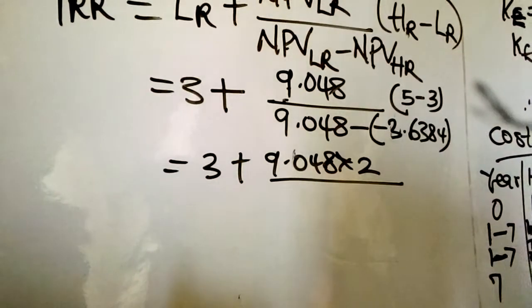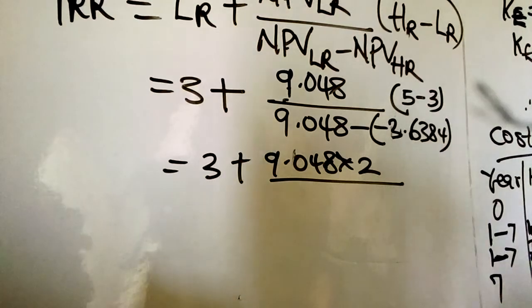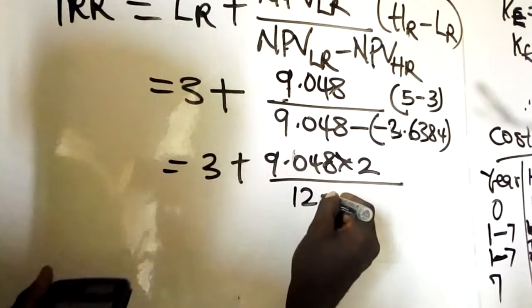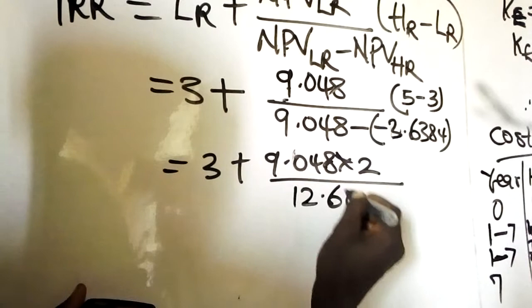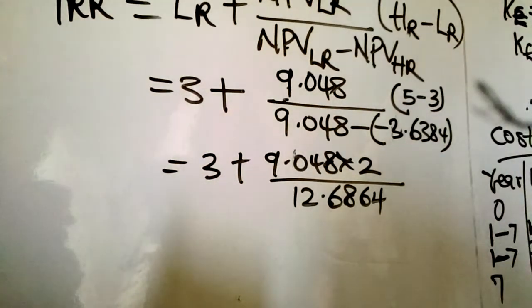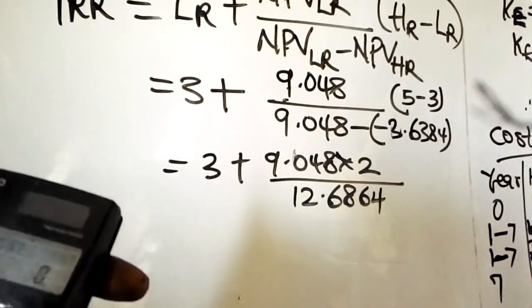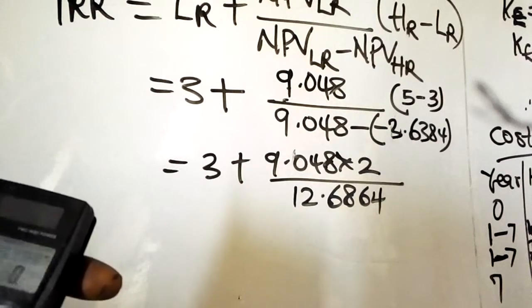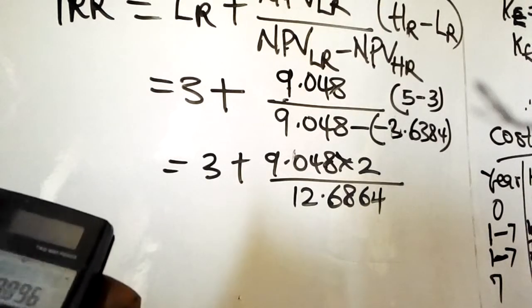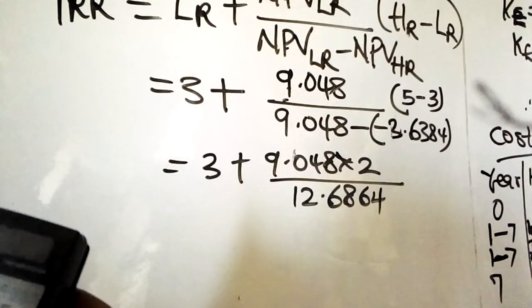When you sum up the denominator, 9.048 plus 3.6384, we have 12.6864. Now we have 9.048 times 2 divided by 12.6864.